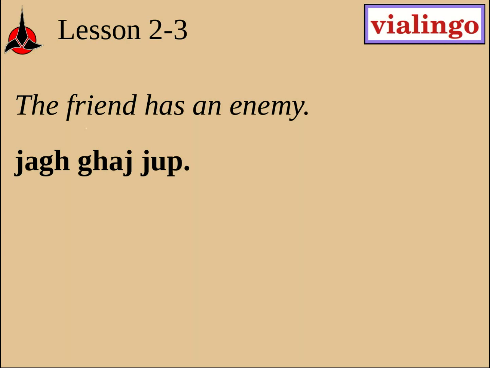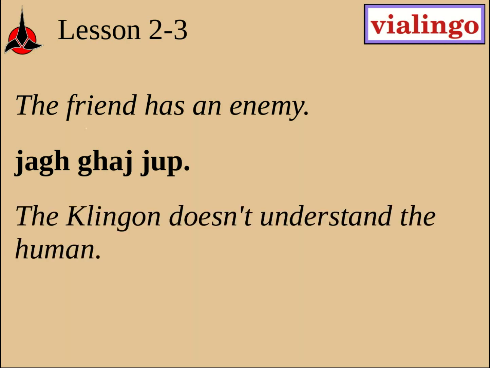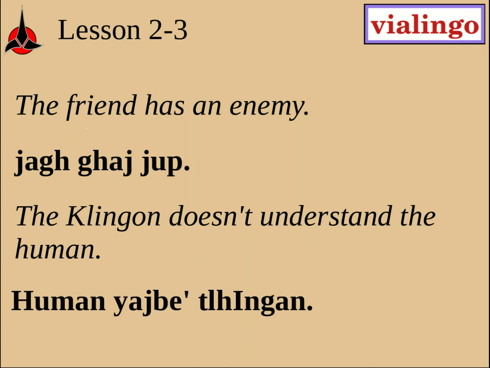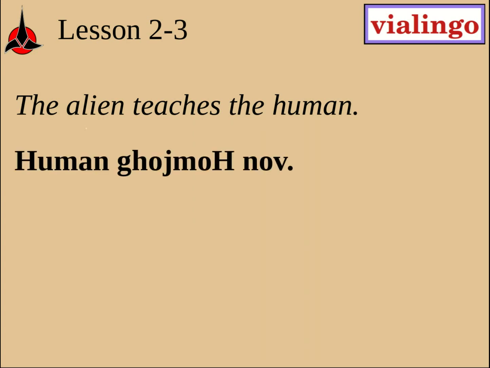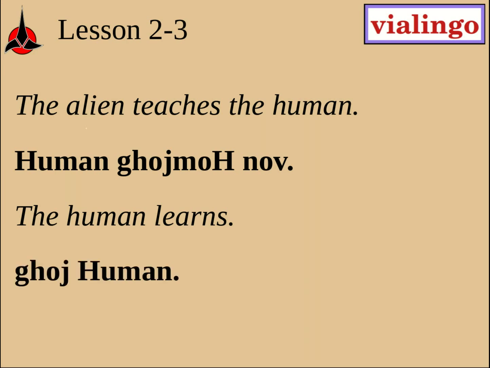Ghaj. The Klingon doesn't understand the human. Romulan. Klingon. The alien teaches the human. Romulan ghojmoH. The human learns. GhojmoH.